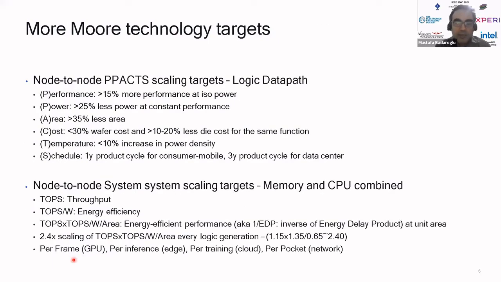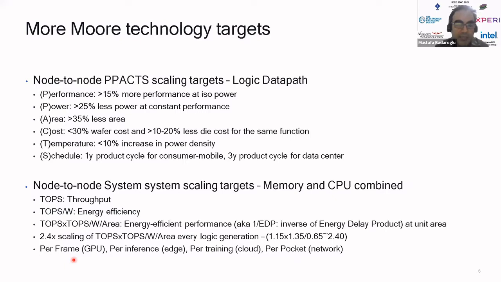So for the technology targets, one aspect is the technology itself, which is basically the device data path scaling, so the core technology scaling requirement. And the second requirement is the system scaling requirement.